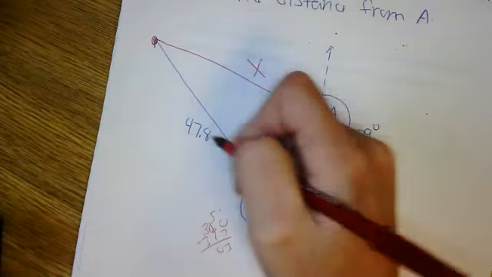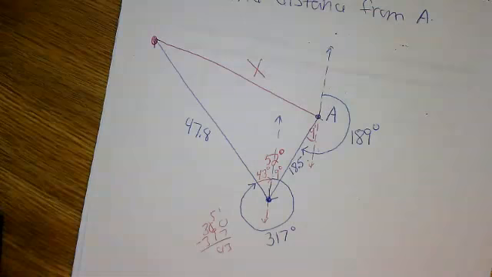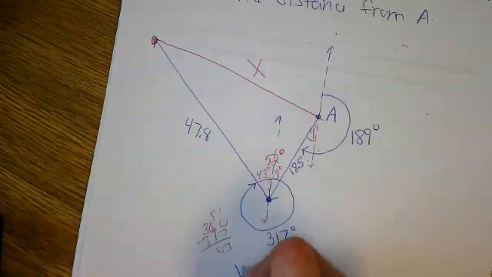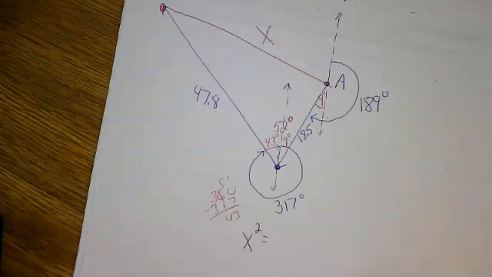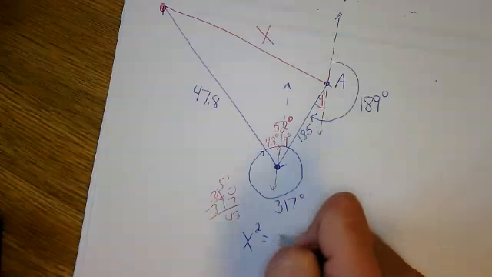And now I've got a nice SAS, side angle side, and I can find that missing side with law of cosines. So that missing side squared equals the two known sides squared and added.